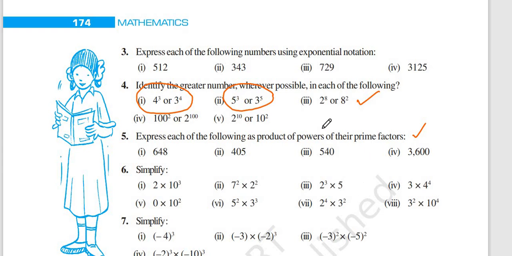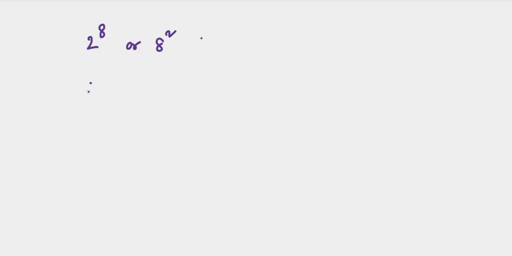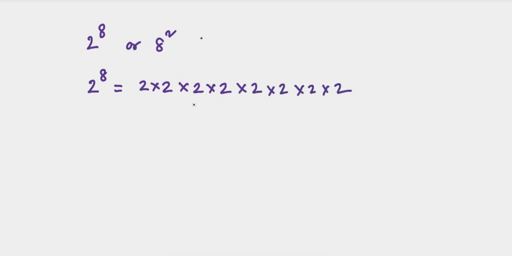Which is the greater? 2 to the power of 8 is equal to 2 multiplied by 2 multiplied by 2 multiplied by 2 multiplied by 2 multiplied by 2 multiplied by 2 multiplied by 2. 2 2s are 4, 4 2s are 8, 8 2s are 16, 16 2s are 32, 32 2s are 64, 64 2s are 128, 128 2s are 256. 8 square is 8 multiplied by 8, 8 8s are 64.